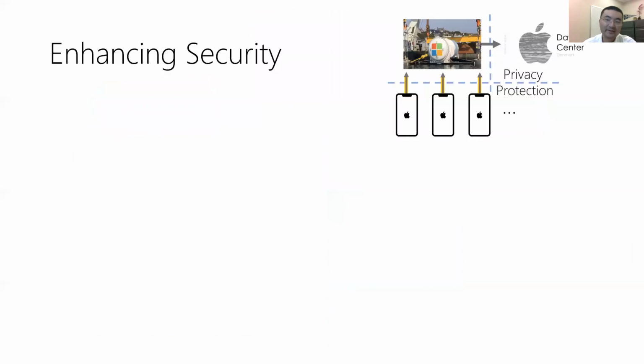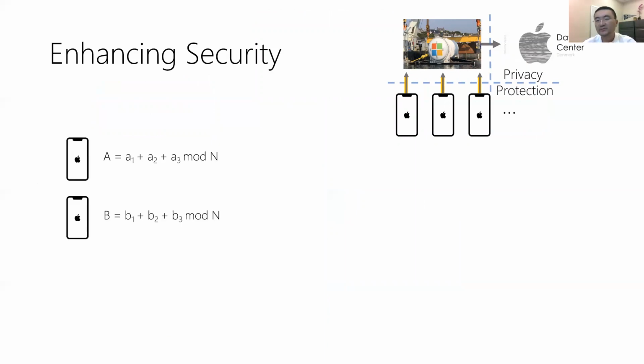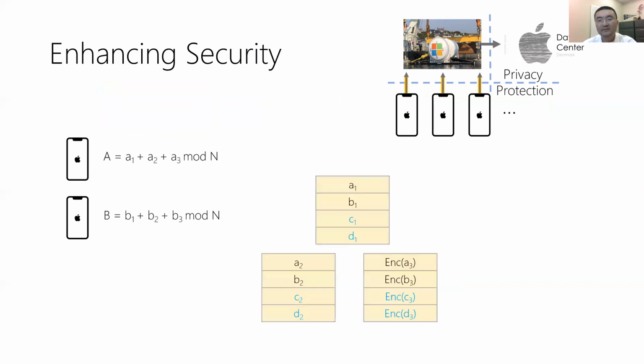This slide shows an example of how our final protocol works. We assume in this example, there are two users and their local differential privacy data are A and B respectively. And they share their values with the three shufflers.